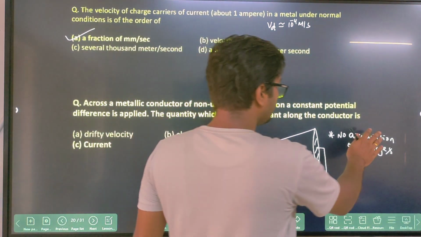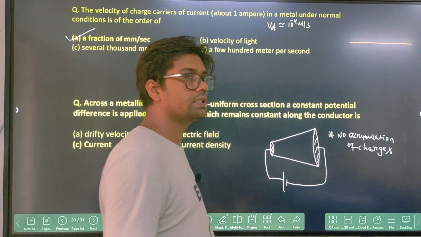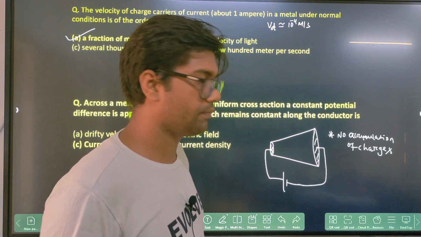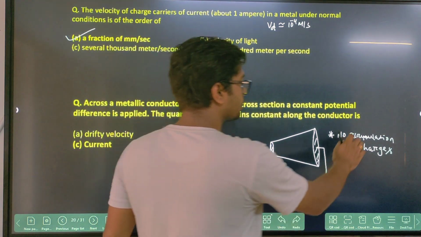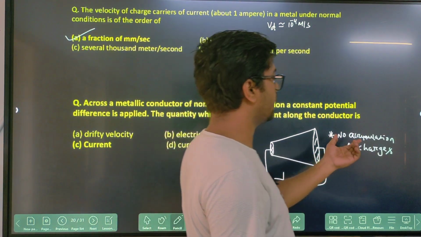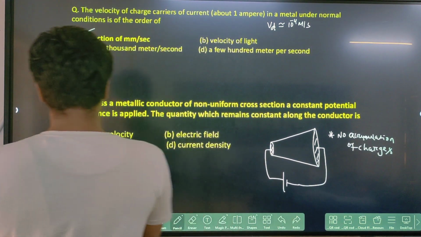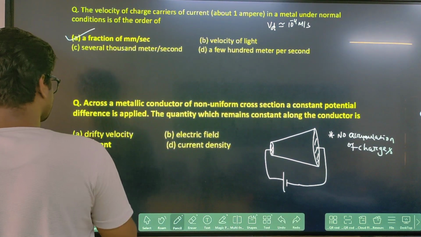So if there is no accumulation of charges, that means the current is always the same. The current is not going to change, so you can say that the current will be the same here.